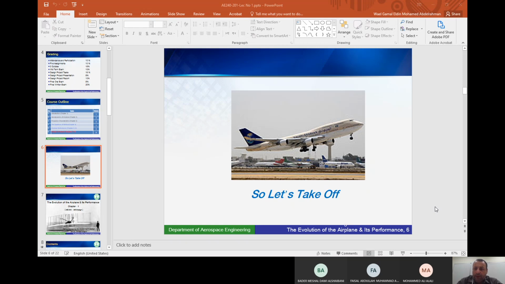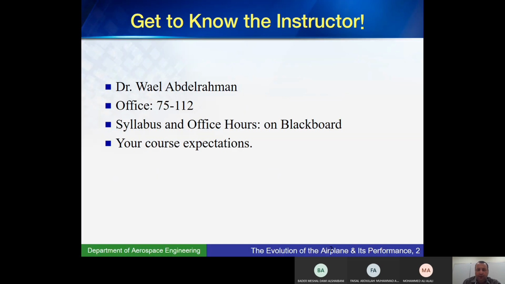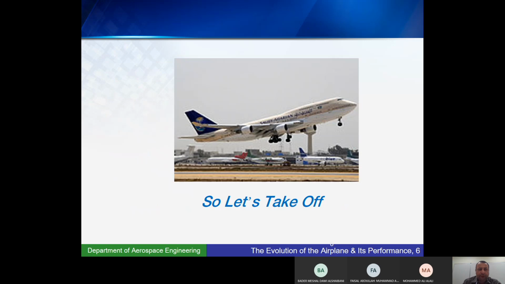Okay. So let me complete the missing words in the definition of aircraft. Let's go back to our presentation here. An aircraft is a heavier than air machine. First, it has to be heavier than air. It does not depend on buoyancy forces to fly. It's not like a balloon.